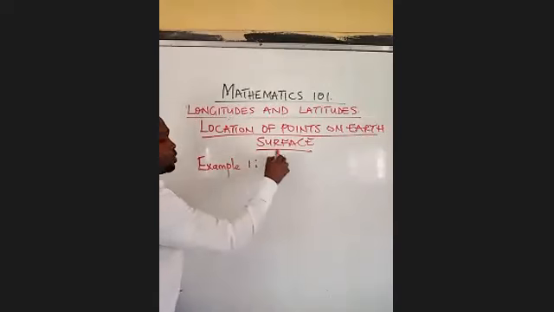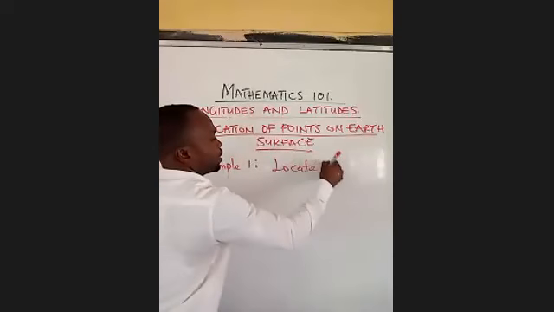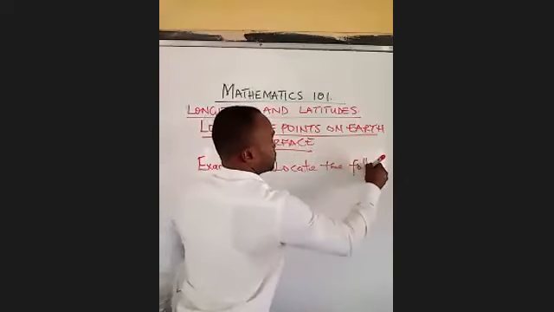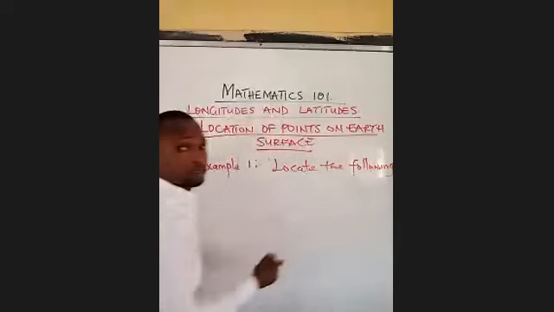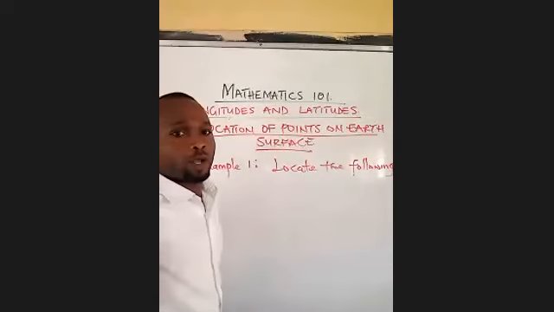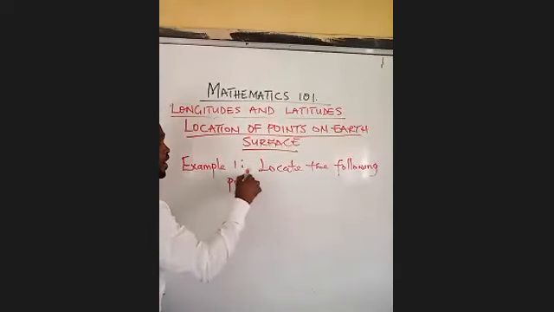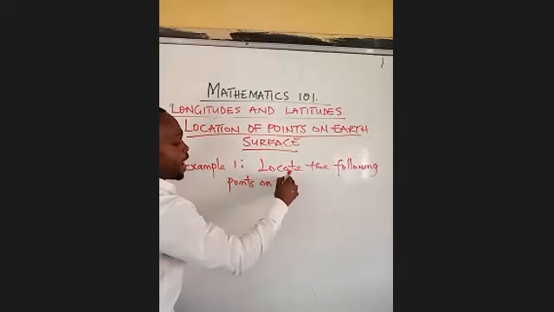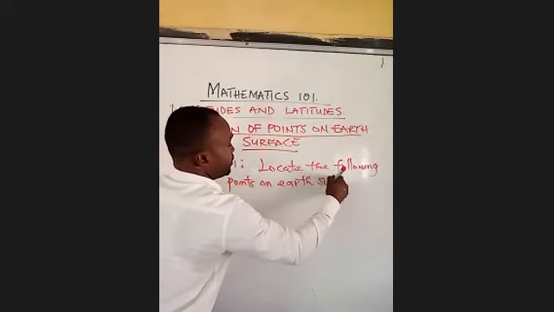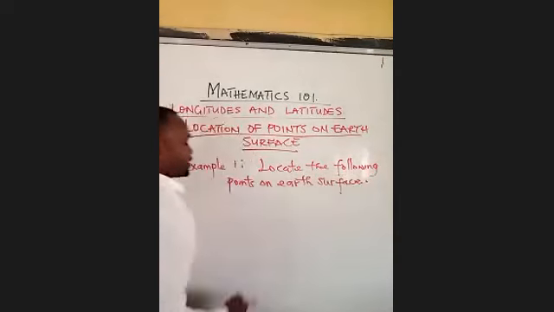Now let me call these examples. Example 1 says locate the following points on Earth's surface. So you want to locate Abuja, number 1.